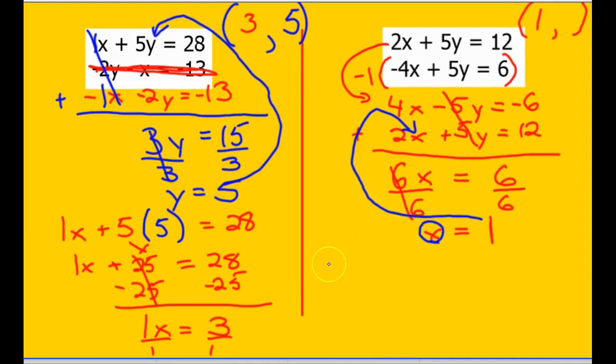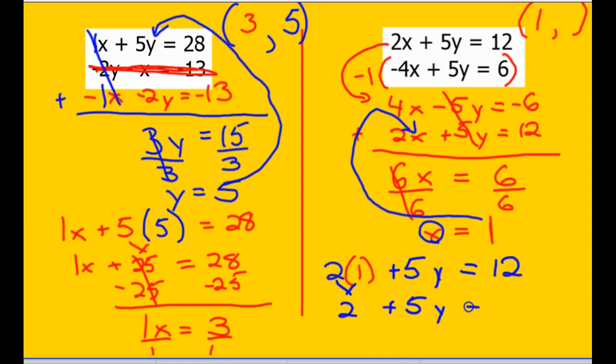So then we get 2 times 1 plus 5y equals 12. So 2 times 1, that's 2, plus 5y equals 12.